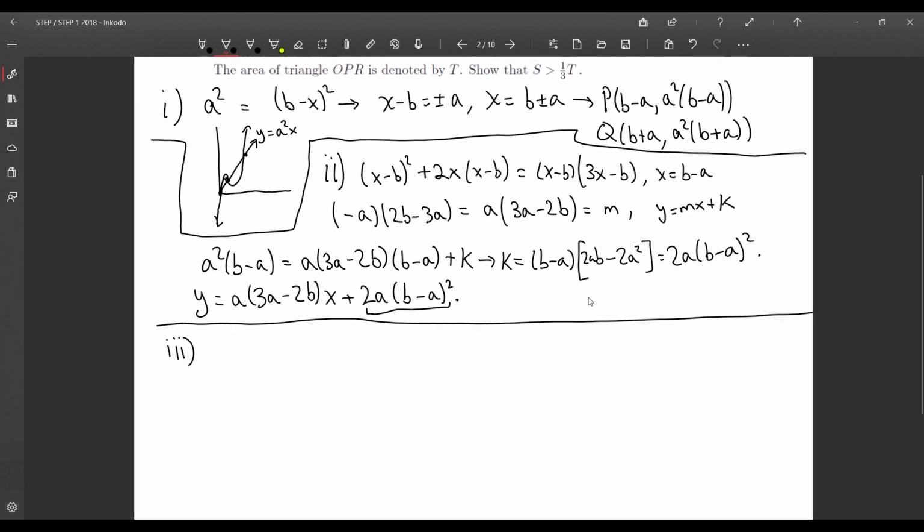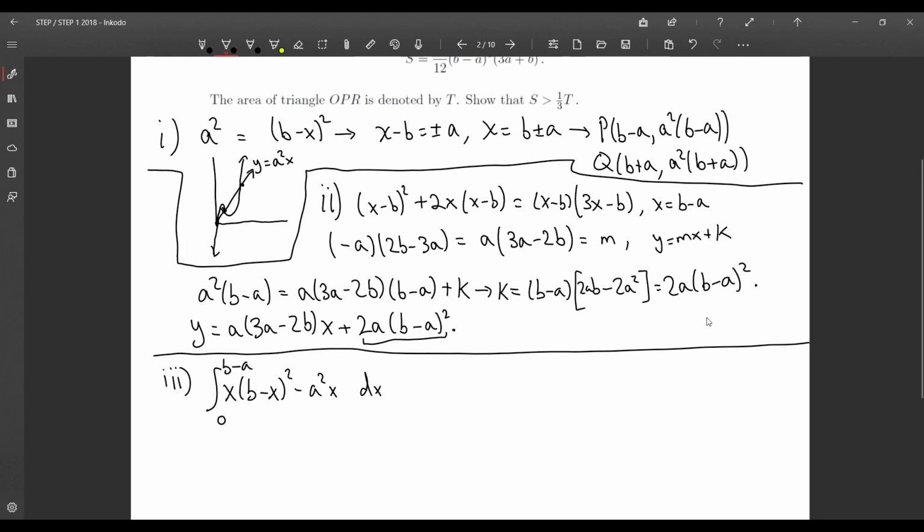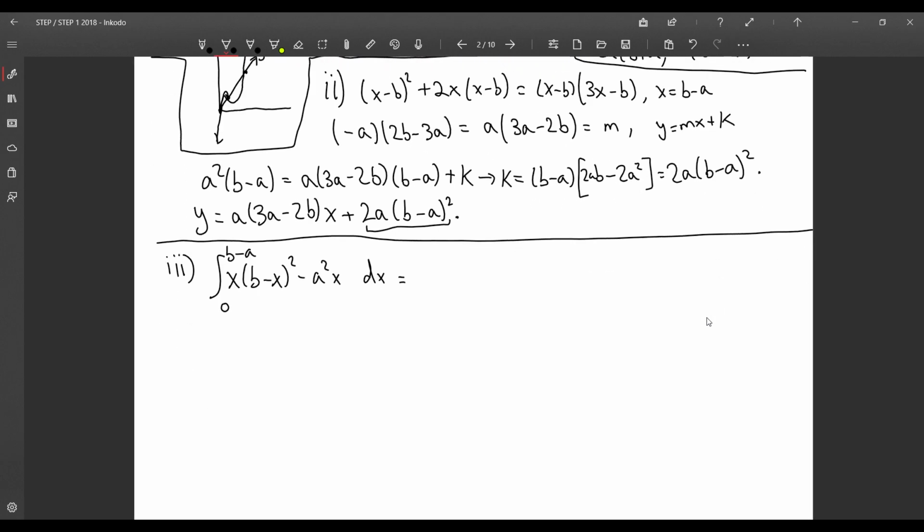So what we have to do is integrate the difference of the curves from 0 to our point P. So let's see what that'll be. Okay, so we're going to have to expand this out a bit. b squared minus 2bx plus x squared, minus a squared x, dx.